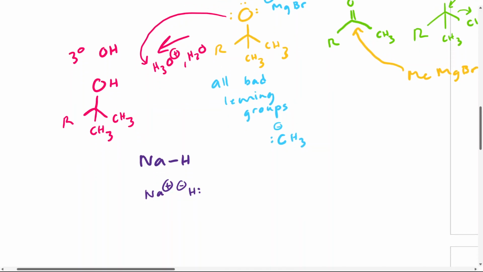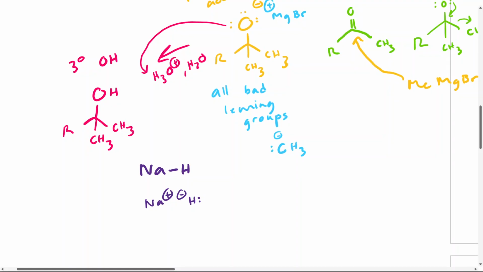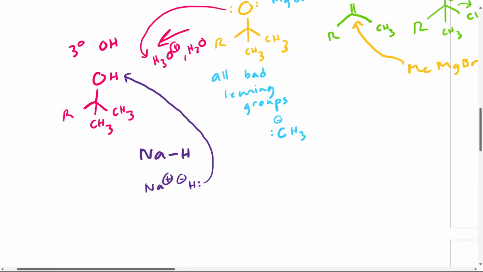So instead, the hydride acts as a base, and it's going to deprotonate this. So when it deprotonates that, the electron bonds go back here, and this results in remaking the salt.